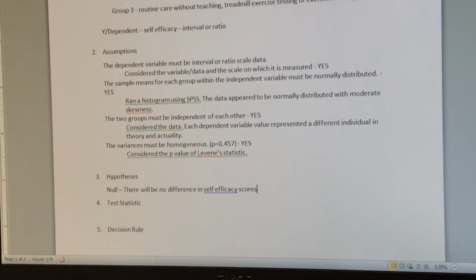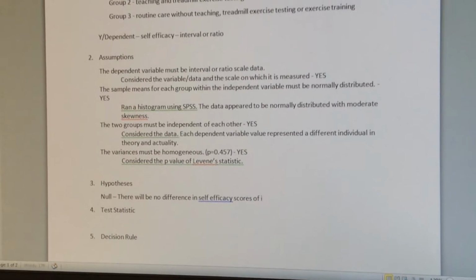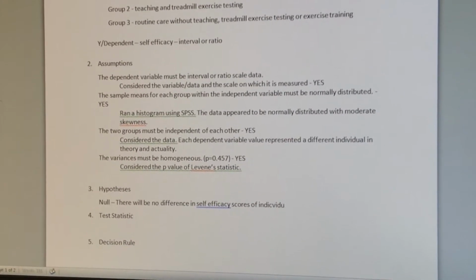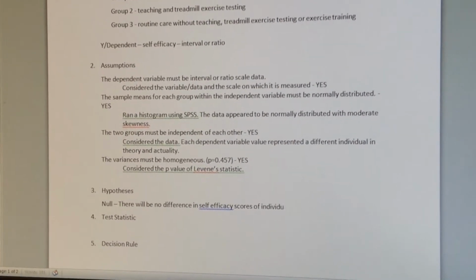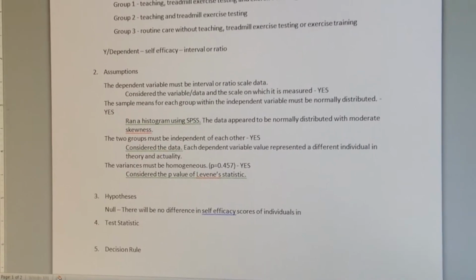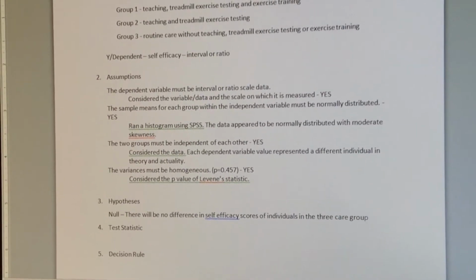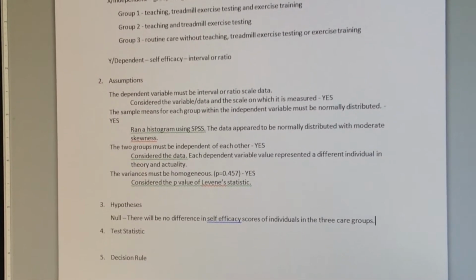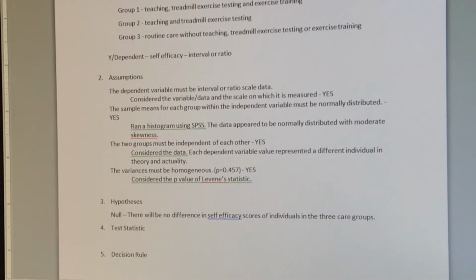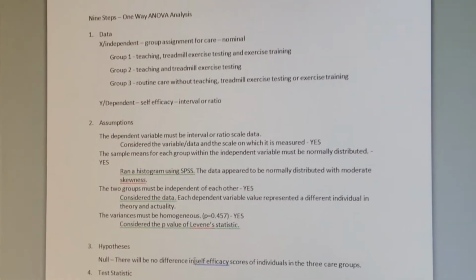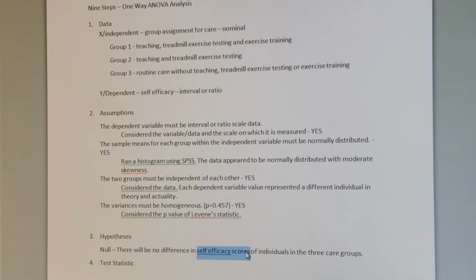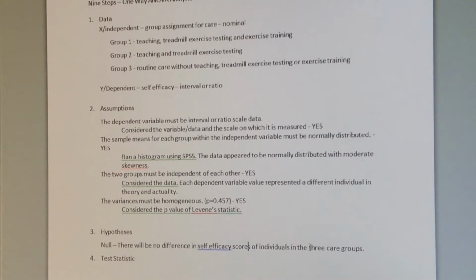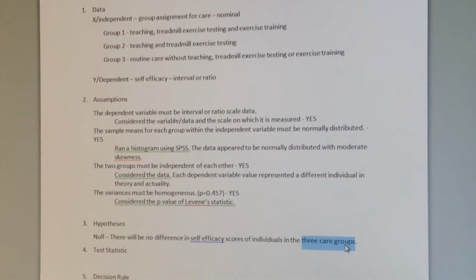Self-efficacy is our dependent variable of individuals in the 3 care groups, because the 3 care groups is our independent variable. This is our dependent variable, self-efficacy scores. This is our independent variable.